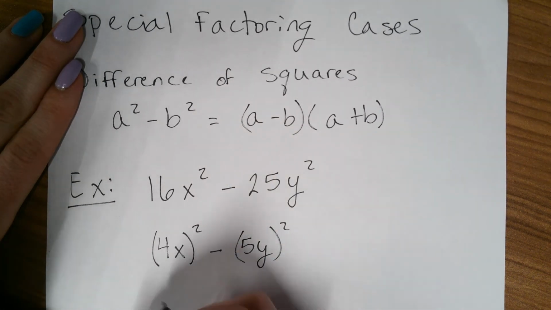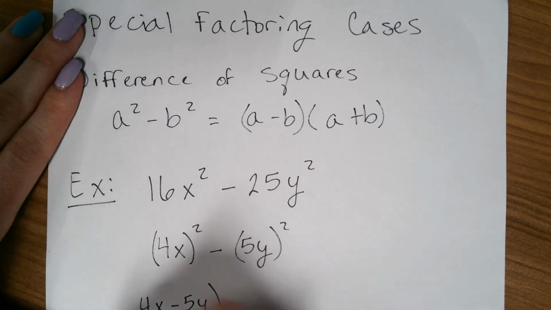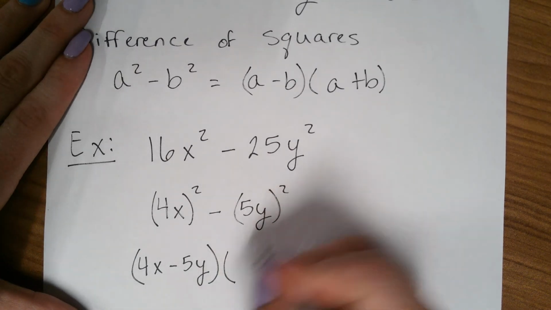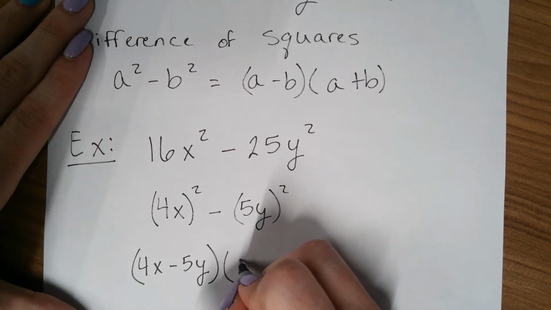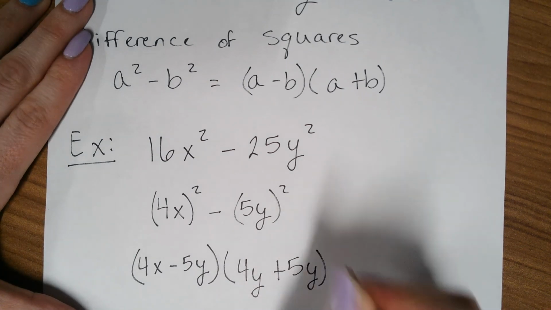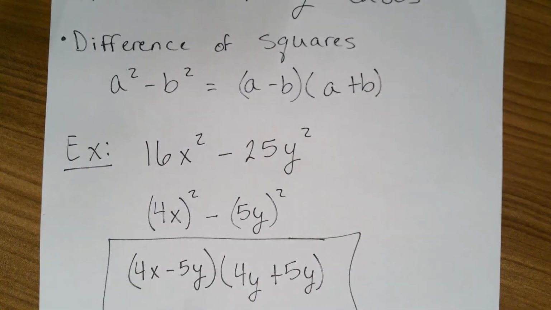This is going to factor into 4x minus 5y, close my parentheses, scooch that up, and 4x plus 5y. And there we go. The difference of squares, and that's how it factors.